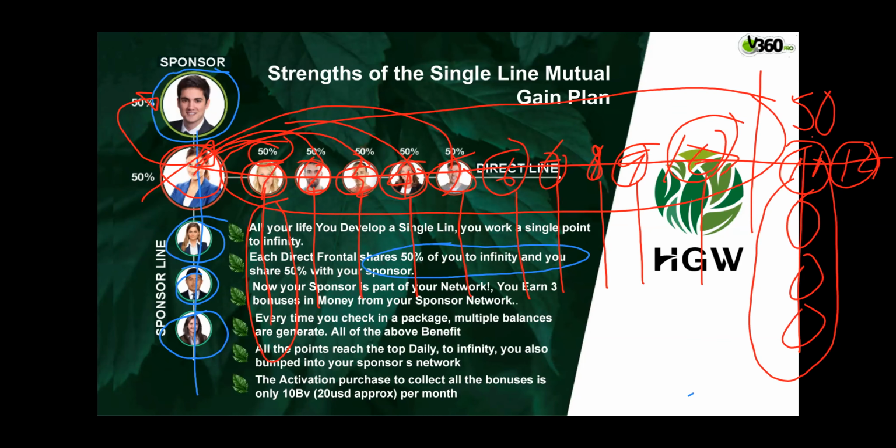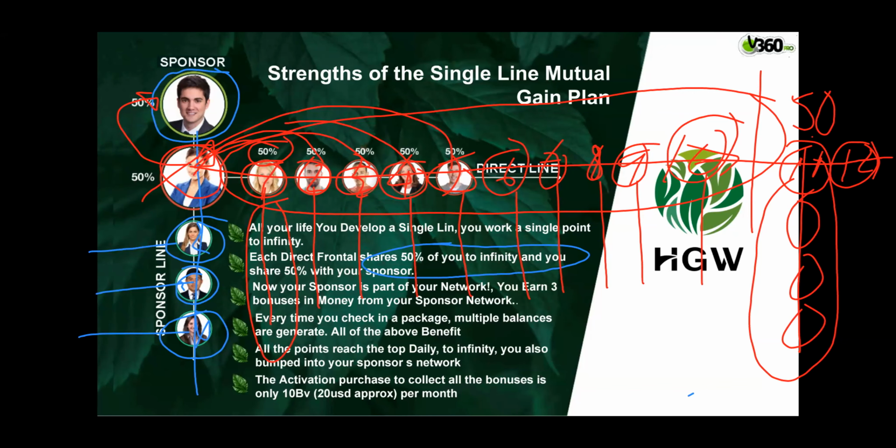Now remember, from your sponsor, the calculation is the same. Look at Mr. 1, Mr. 2, Mr. 3, Mr. 4, in the direct line of your sponsor, it's the same calculation.